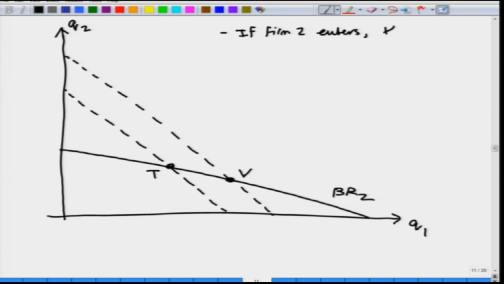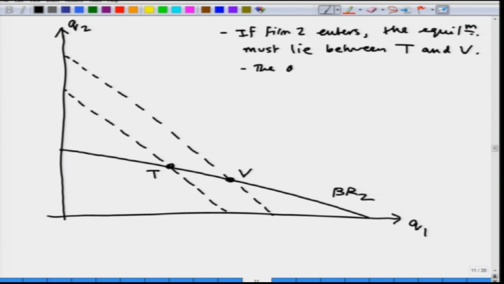So, if firm 2 enters, the Cournot equilibrium in stage 2 must lie between T and V, right. Well, the actual point depends on K1 bar, which we had captured when we had characterized three different points of K1 bar where the kink occurs.